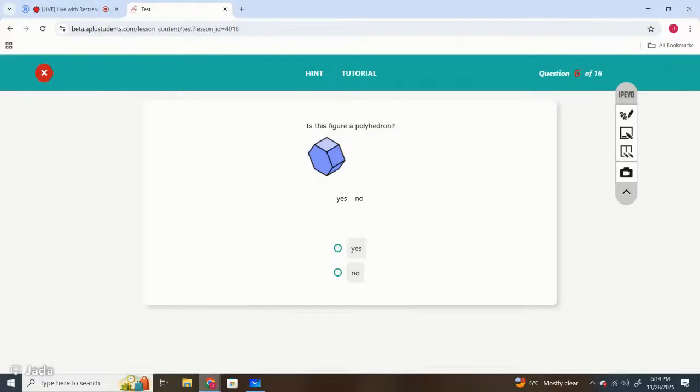Is this figure a polyhedron? Yes, it is a polyhedron.